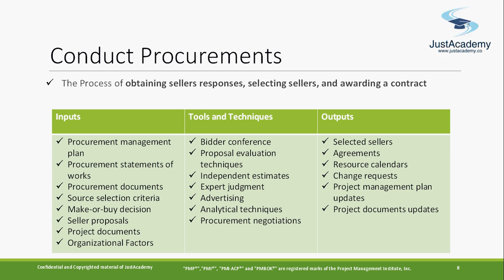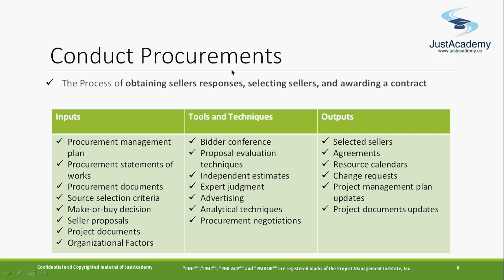Advertisement: since you need responses from different vendors, you can advertise what you need, and people can submit. Normally government organizations, when they do a big project, advertise it in the paper. Analytical technique is where you use some analytical technique to decide to whom you're going to give the contract. Procurement negotiation: if you need any negotiation, that needs to be done.